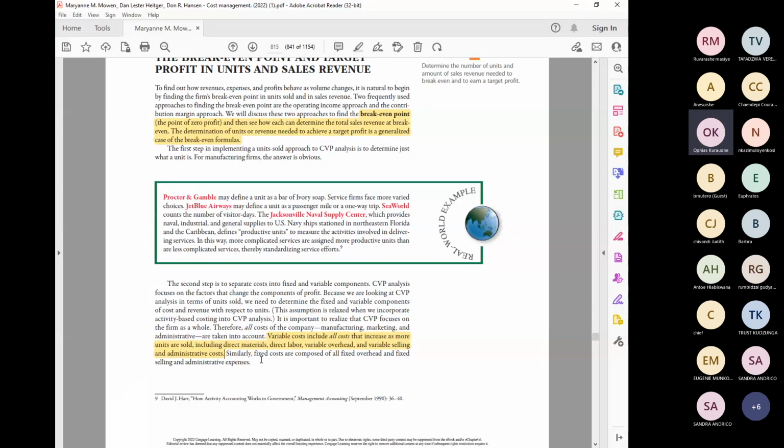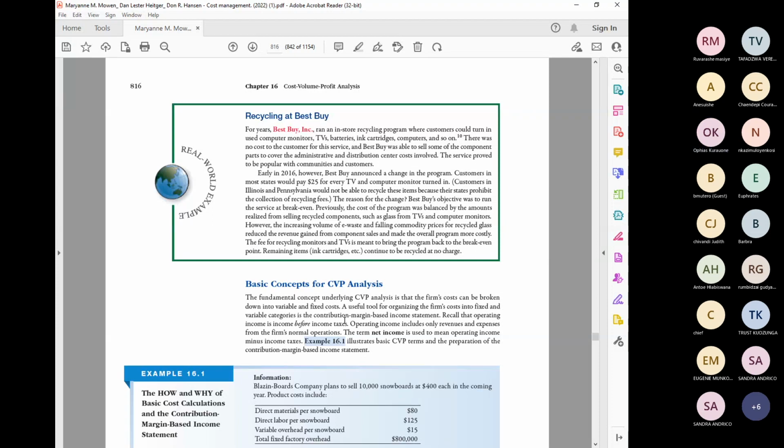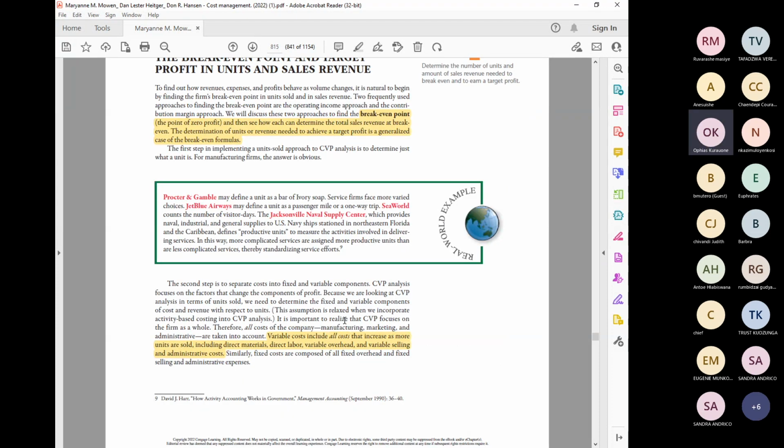Similarly, fixed costs are composed of all fixed overhead and fixed selling and administrative expenses. So we need to be very, very careful on this one, about what we mean by variable costs. Okay, let's look here.